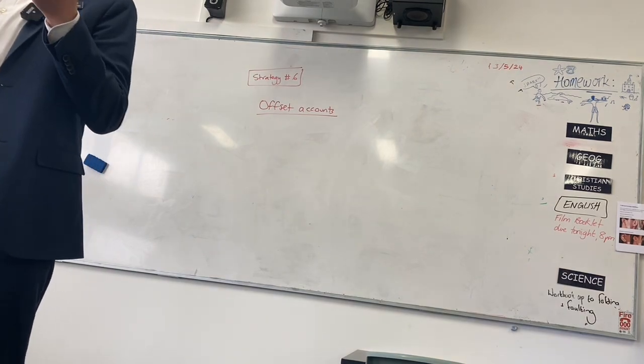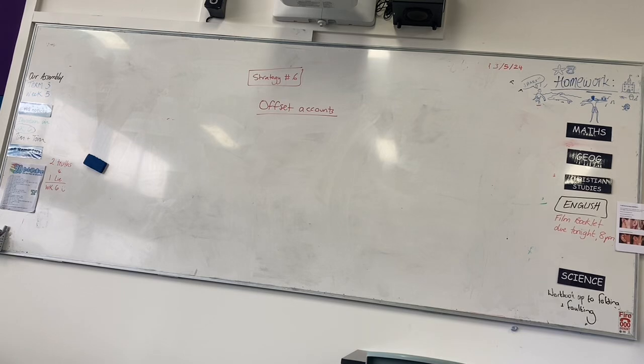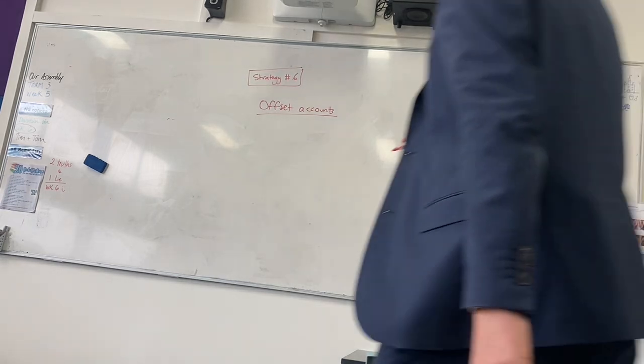An offset account. What is an offset account and how does it help you with a home loan? Can you please have a read by yourself of page 223? There's 3 paragraphs at the bottom there that I want you to read. Can I give you a minute to have a read of that, please? Page 223.